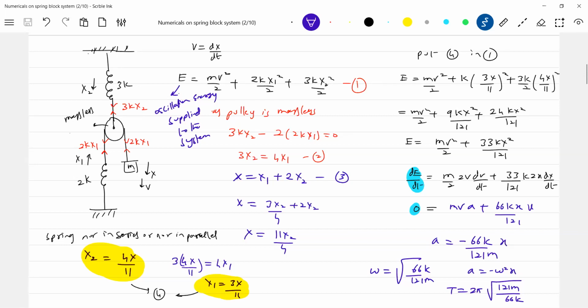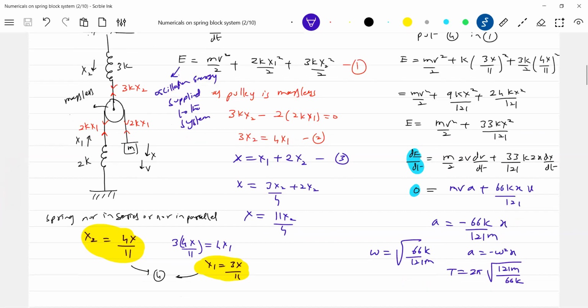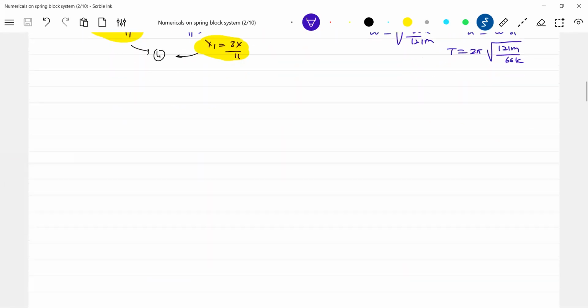Just the method is what you have to grasp. Shall I scroll down? Okay, no. We'll take the next one.